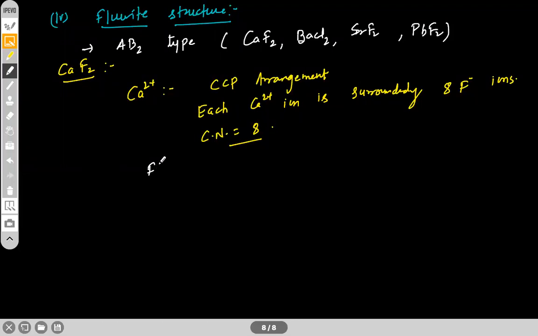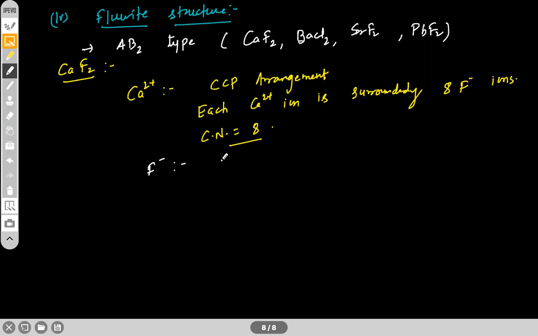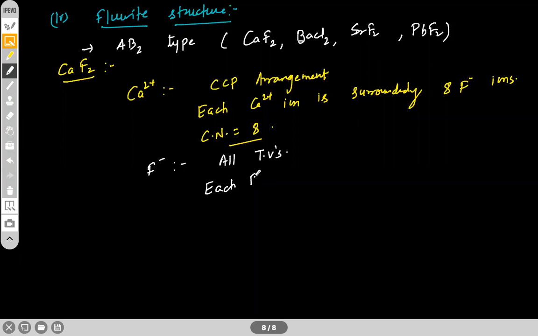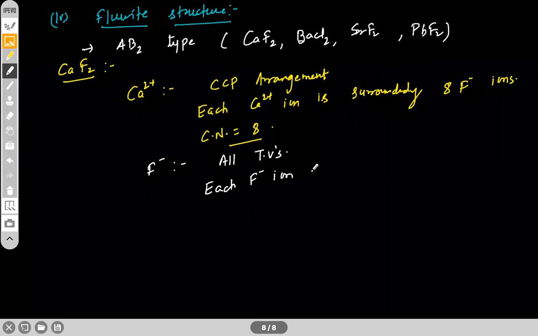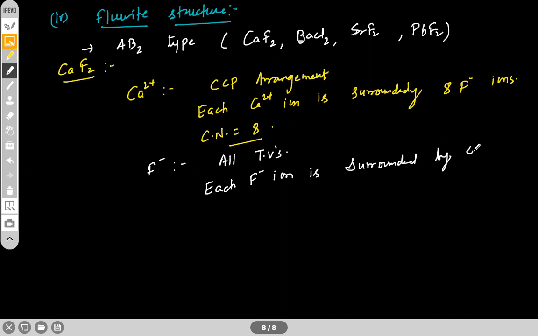F minus occupies all the tetrahedral voids, all TVs. And each F minus is surrounded by four Ca2 plus ions.